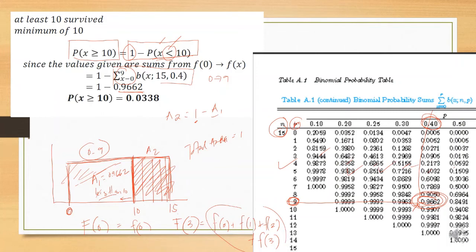In-add na nila para sa atin. Okay? So, kung 1 minus 0.966 yan, ibig sabihin, ang ating area rito is equal to 0.0338, or in translation, it's the probability na ang magsusurvive at least 10 is actually 3.38% lang.